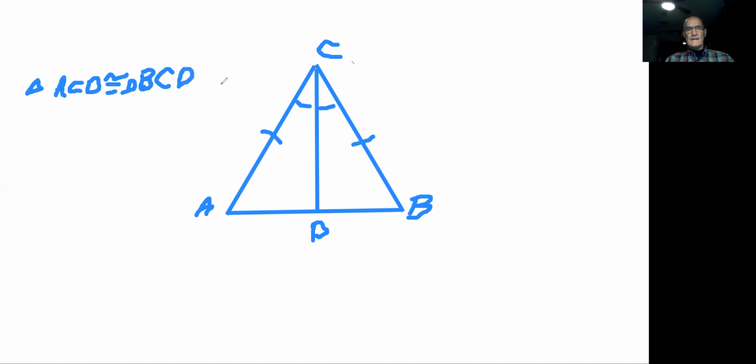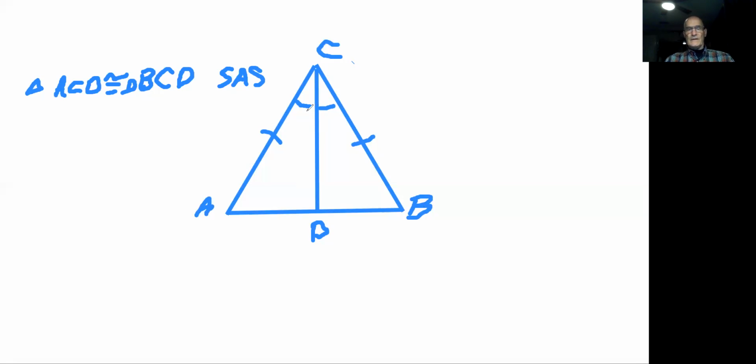The congruency is by side angle side, because we have AC congruent to BC, angle ACD congruent to angle BCD, and CD congruent to itself because it's reflexive.